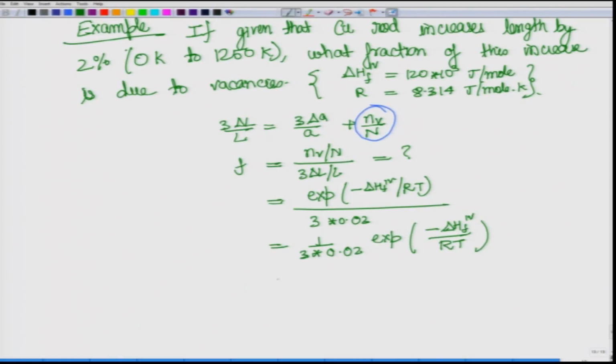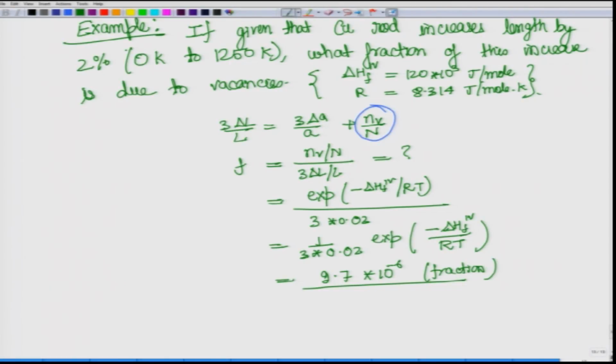Now, if you solve it, you would see that you get something like this, and I urge you to solve these example problems, because these will form the basis of some of the assignments and maybe even the final exam. If you are able to solve this, then you would feel comfortable solving those questions. So, the fraction is 1 over 3 times 0.02, multiplied by this exponential term, and when you solve it, you get approximately 9.7 into 10 to the power minus 6.